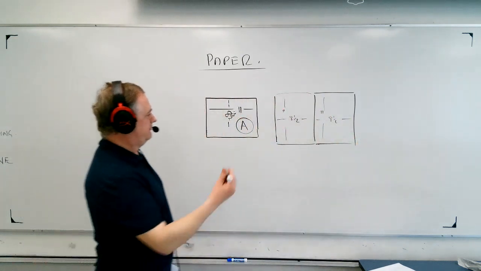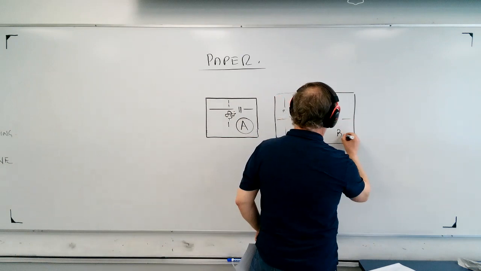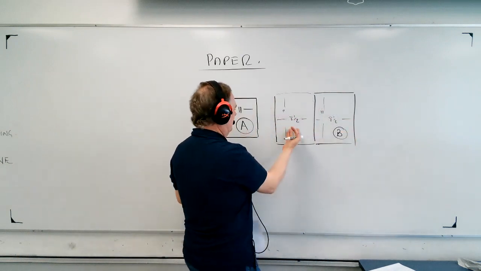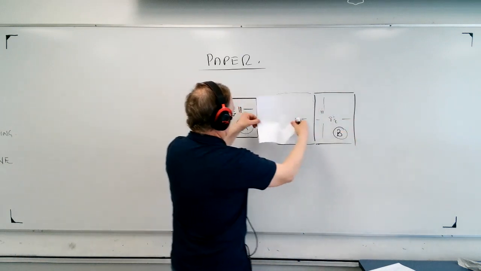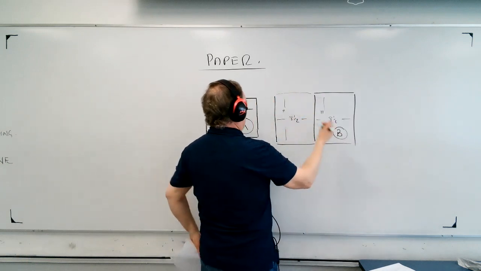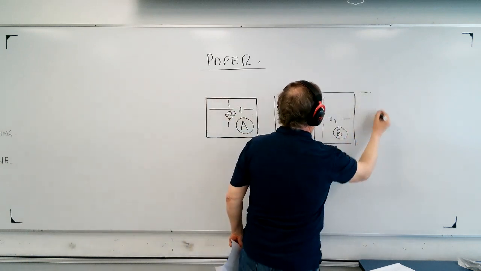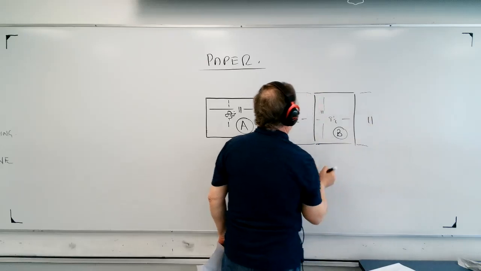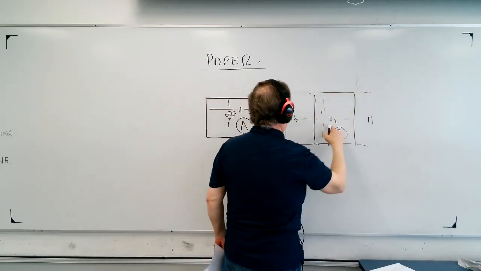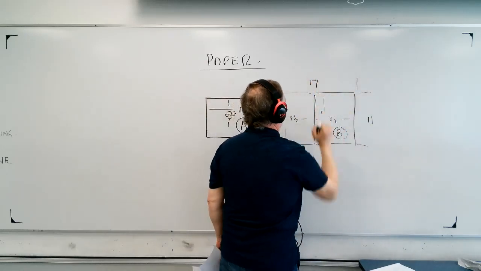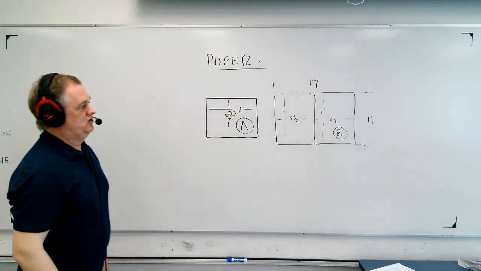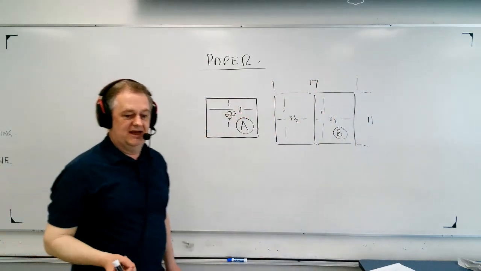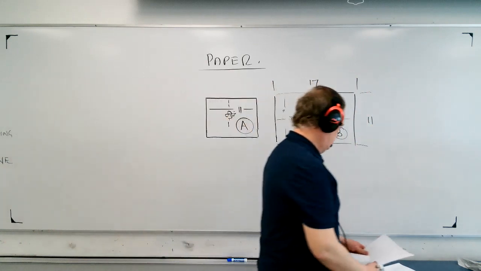If you look at that, this is called the B size. It's one sheet of paper, but it's the same size as two of these laid side by side. So that means this is going to be 11 and this is going to be 17. A 17 by 11 sheet would be the B size paper. B.